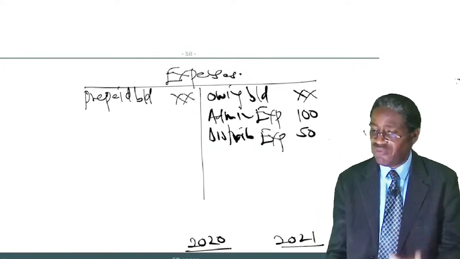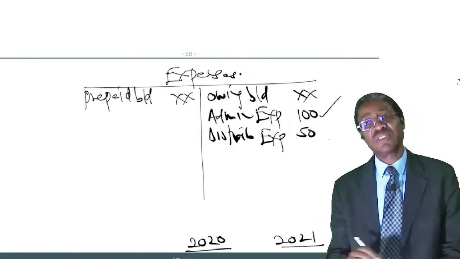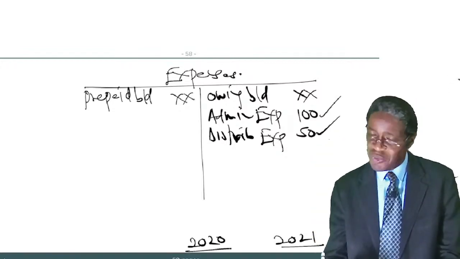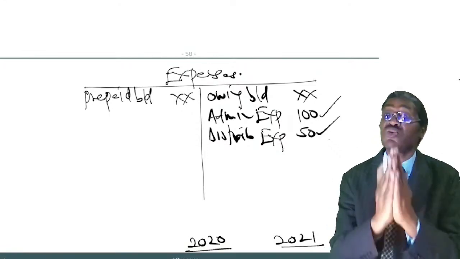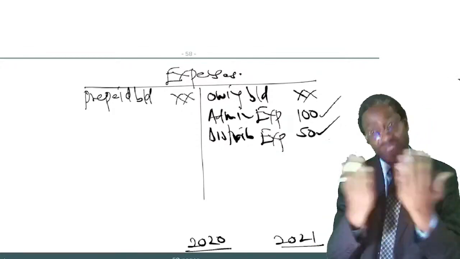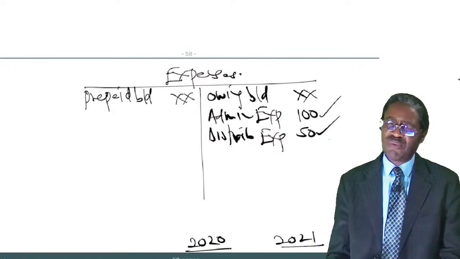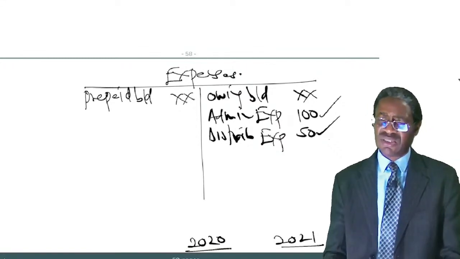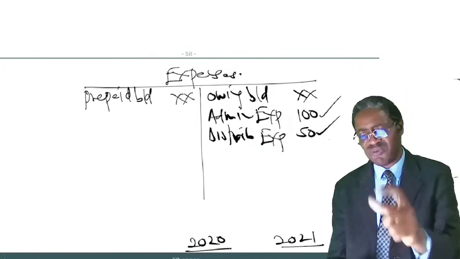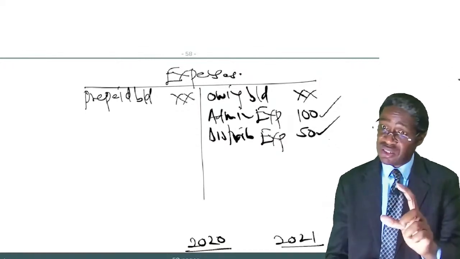Yet you charged it either as an admin or as a distribution expense. Yet no cash was involved. But you had to charge it because the accounting rules say you charge. I've already given you an example. Like if you depreciated your delivery van, you must have classified it as a selling and distribution expense.